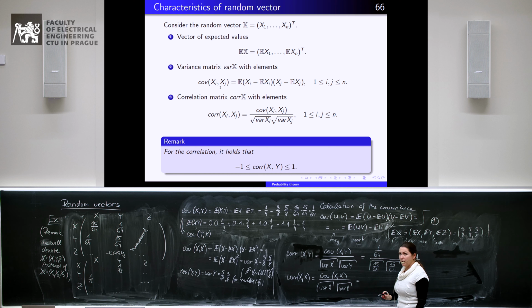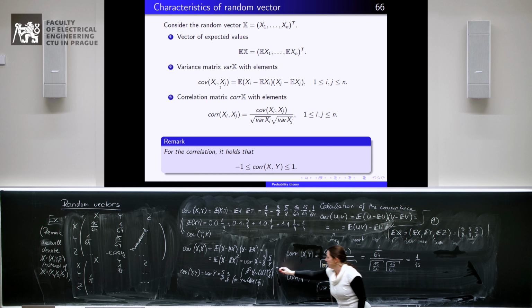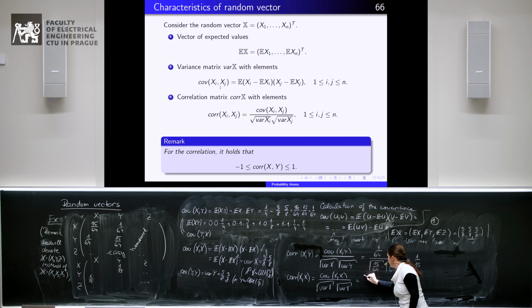And since the covariance of x and x is, as we can see here, equal to the variance of x, the square root times the square root of the variance of x is the variance of x as well. The correlation of the random number with itself is always equal to 1.